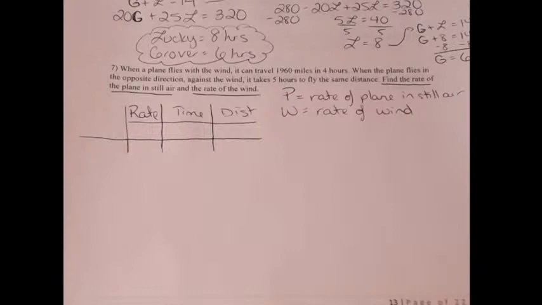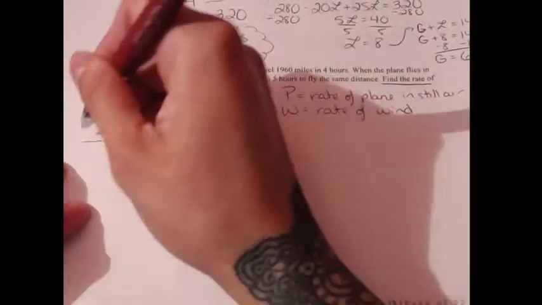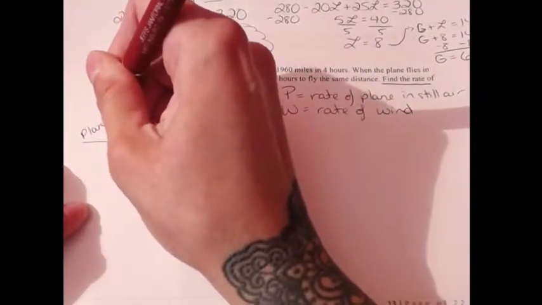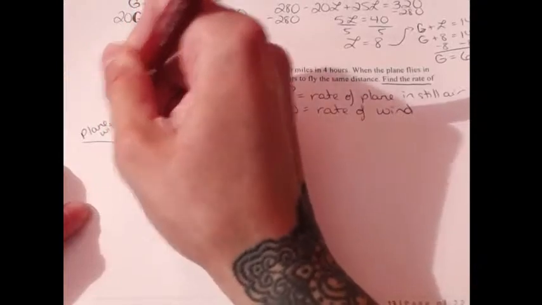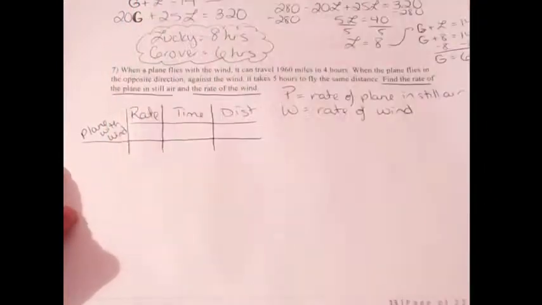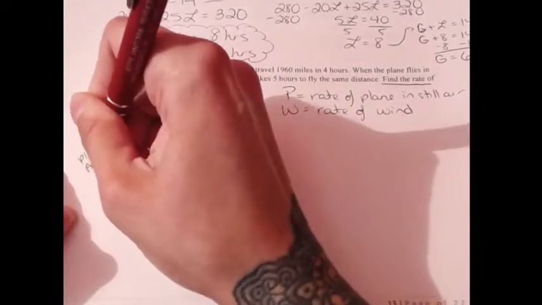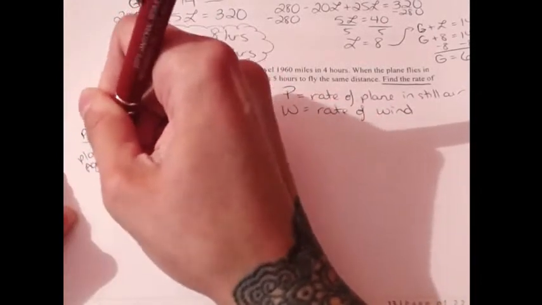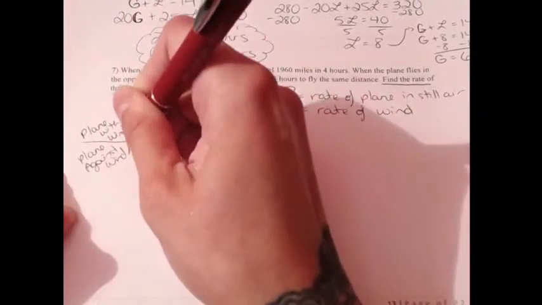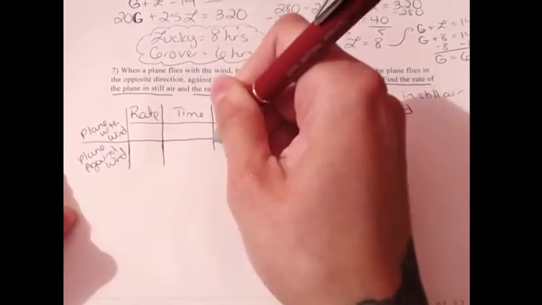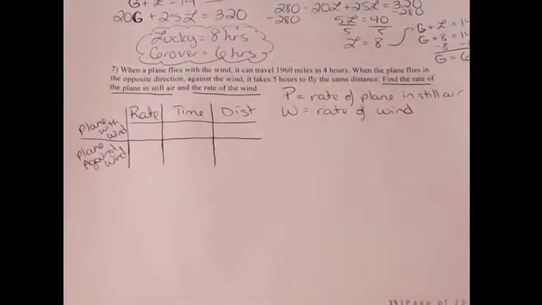So I'm actually going to write plane with wind, plane with wind, and then I'm going to write plane against wind. That's actually how I'm going to label this, because, and you'll see, it's going to make things very clear.